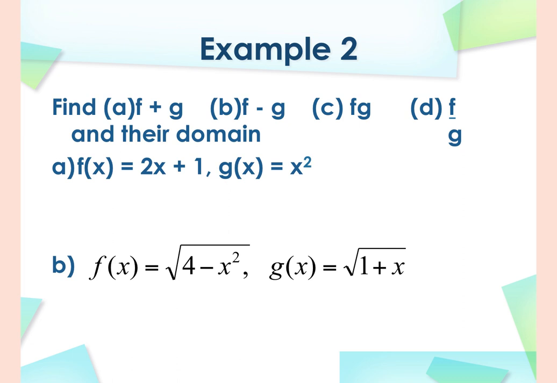If you use that function, and even if you alter it by making a new function when you combine it, you have to carry down the domain of the original. So if there's a restriction in f of x, every time I use f of x, I have to carry it down. This changes when we get to the open dot. So this changes when we get to f of g and g of f. That's a different rule. But for adding, subtracting, multiplying, and dividing, if there's a restriction in the initial one, we carry it down. So go to A first.